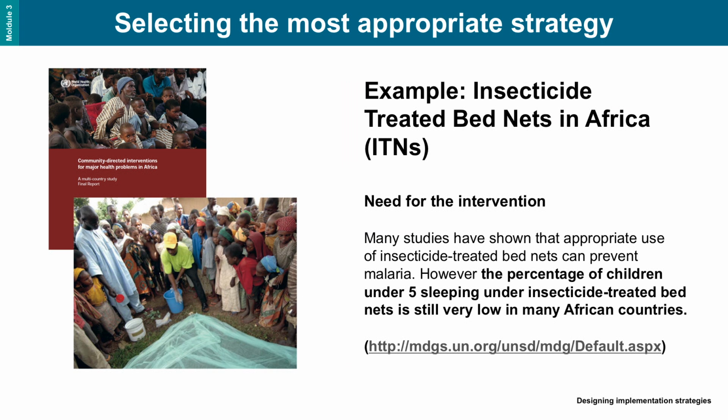We know that appropriate use of bed nets can prevent malaria. However, the percentage of children under 5 sleeping under bed nets is still very low in many African countries. We need first to identify potential barriers to implementation, and then we select the most appropriate strategy.